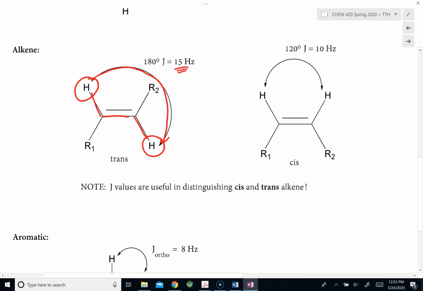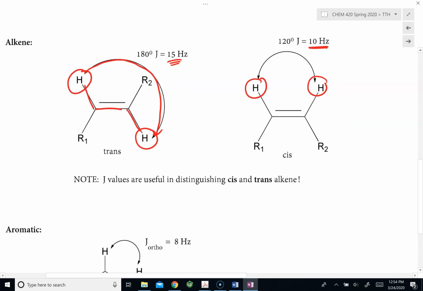Now, if we were to have a cis-alkene instead, these two hydrogens are communicating with each other, but in this case their bond angle is 120 degrees from each other. Therefore the J value is only 10 Hz. This is a very useful tool for us to figure out what kind of alkene the substance is by looking at this J value.